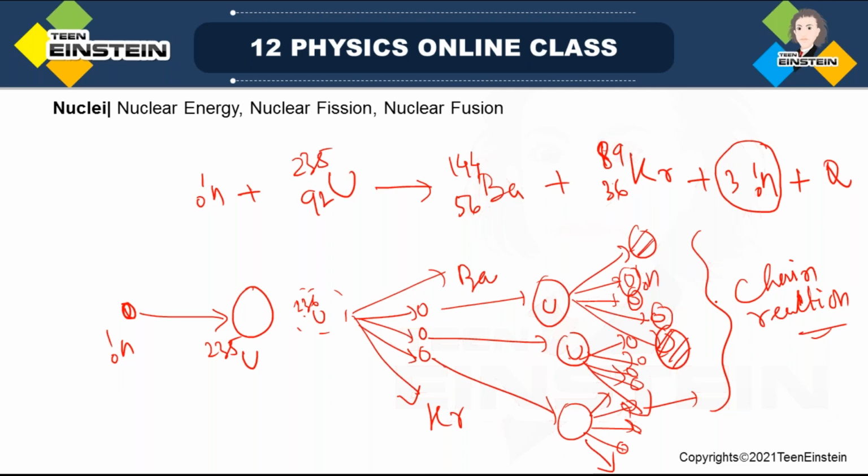So this is a controlled fission reaction. If we can control these chain reactions, then we can use the energy released by the neutrons in the surroundings, which increases the temperature of the water in the reactor and makes steam, and that steam runs the turbine.